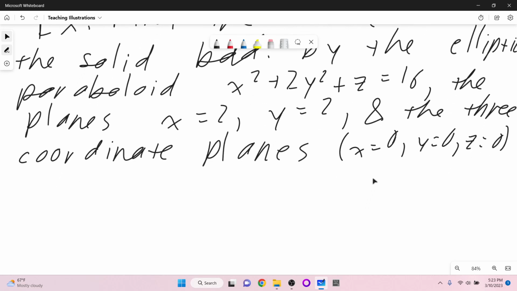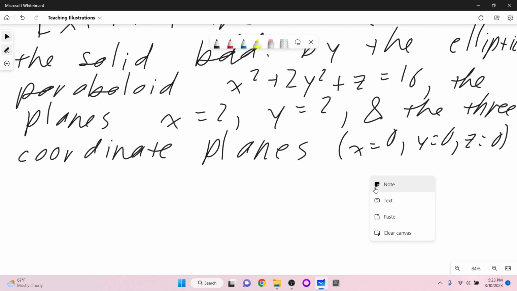Okay, so this one might require a little drawing. It probably doesn't need it, but I'm going to draw a little just to give an idea. How do we find the volume?